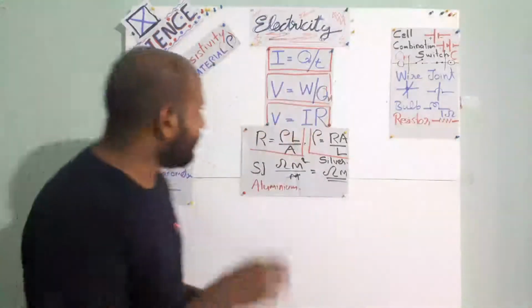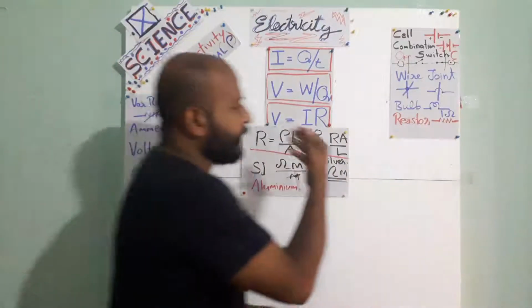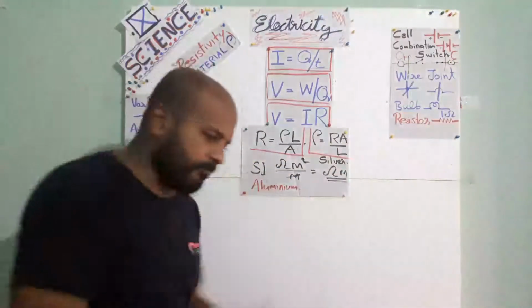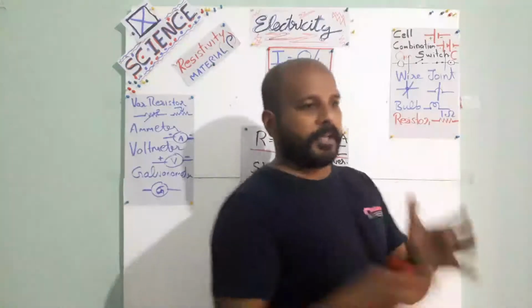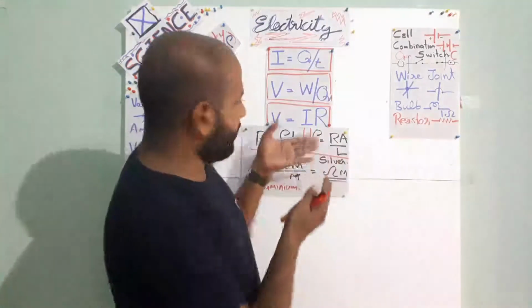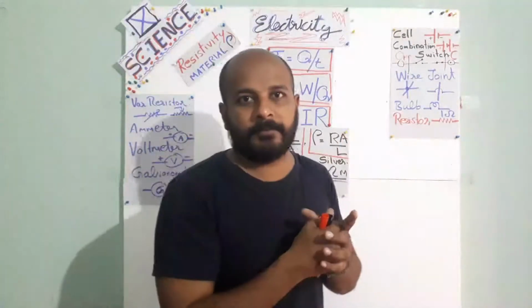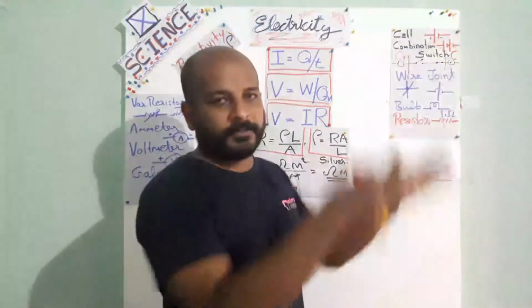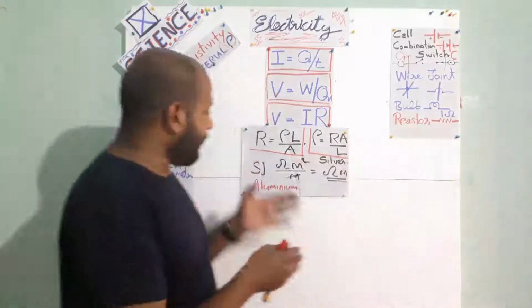Aluminium wire of same length and same thickness. The same rod we used for finding this resistivity at the beginning was a silver rod. The rod was made up of silver, now it is made up of aluminium.